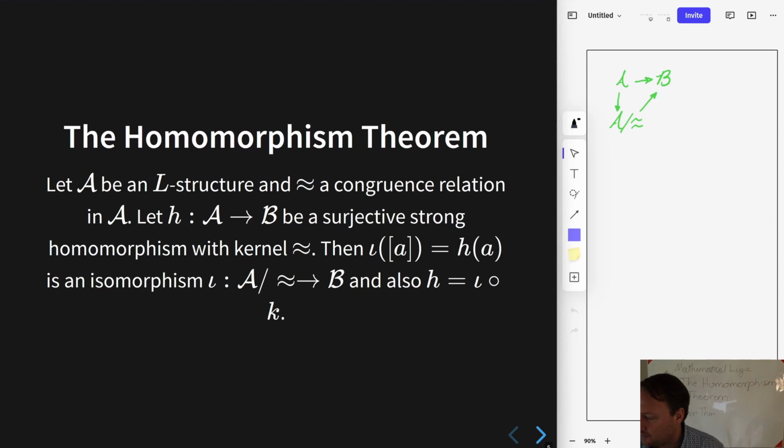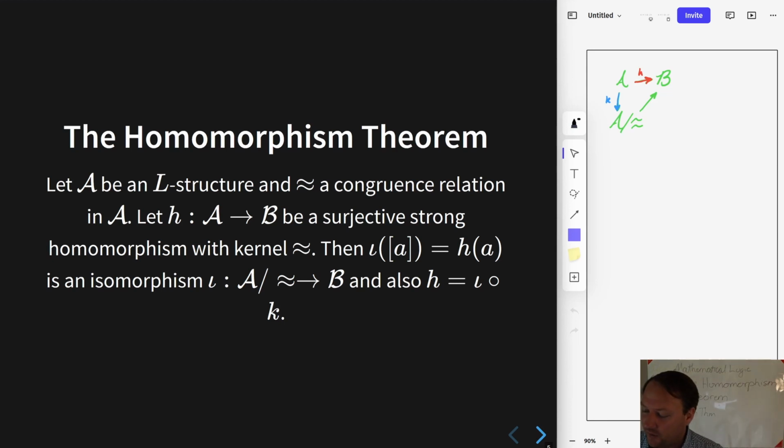So in the diagram, you imagine that we're starting with this strong surjective homomorphism from A to B. It's called H. We know already that by way of K, you can always go from the original structure down to the quotient structure, quotienting by the kernel of the map here, right? That's important. Not just any congruence relation, as there may be many, but specifically quotienting by the kernel of the map.